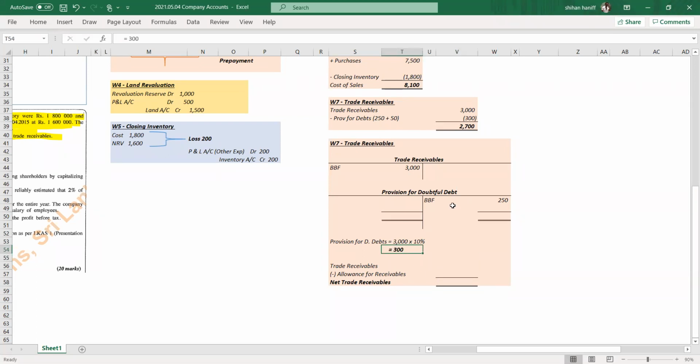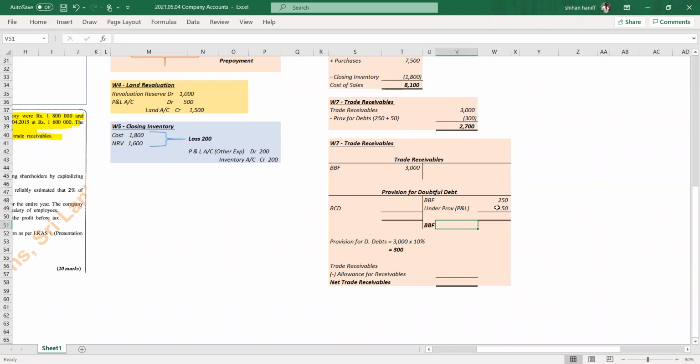Okay. So this is called under provision. You have 250 in the account. This should be 300. So increase 50. This is under provision. Transfer to profit and loss. Profit and loss account debit. Then if you take the balance, carry it down.